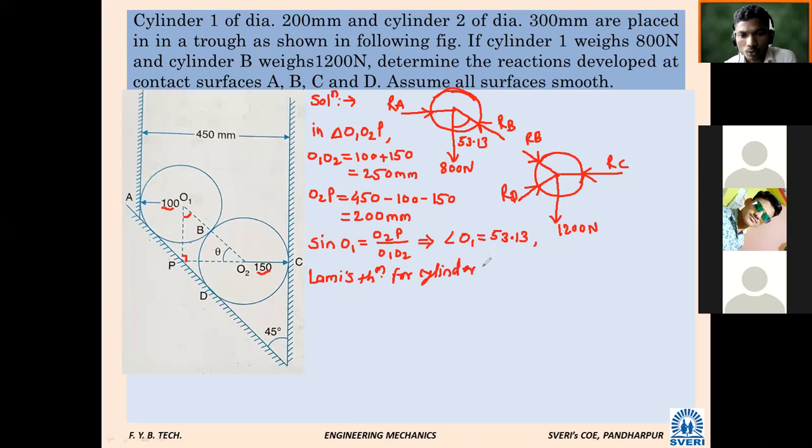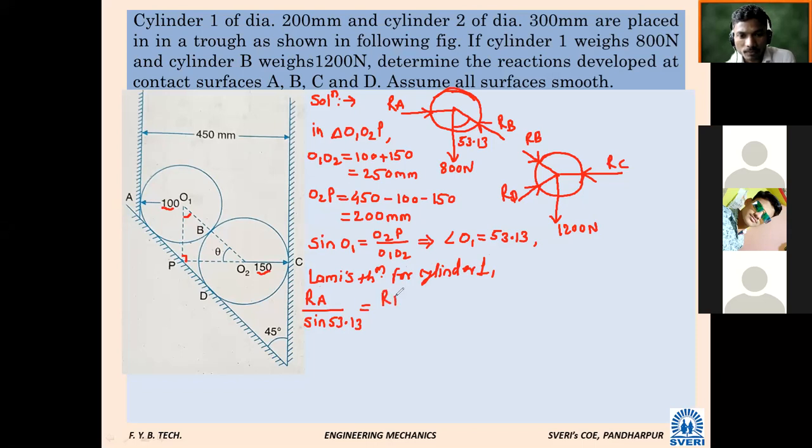Cylinder 1. So tell me, RA divided by, tell me carefully, the angle. Sine 53.13, equal to what will be next?